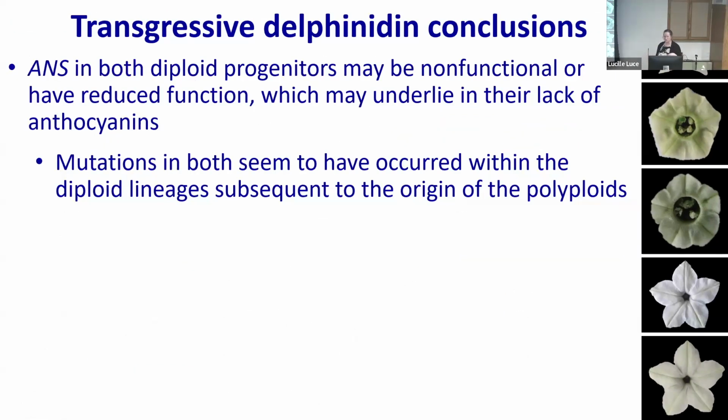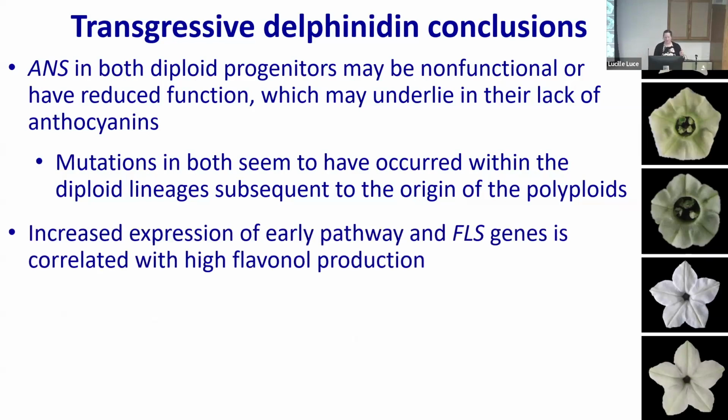So to conclude this story, our ANS gene in both of our diploid progenitors may be non-functional or have reduced function, which may explain why they don't make anthocyanins, but it seems like those mutations happened later after they produced our polyploids. So it's not telling us why our polyploids can or cannot produce flavanols.